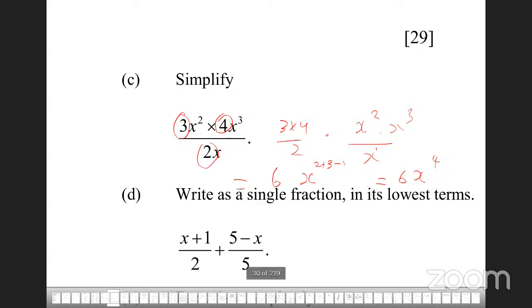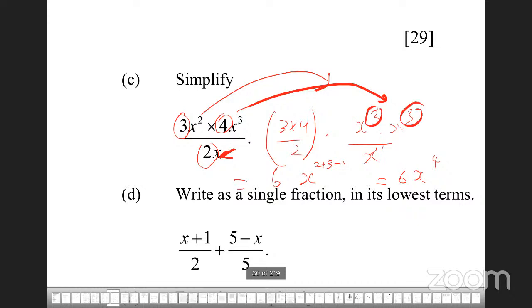Yes. 3 by 4 all over 2. So that's 6, right? And then I separated all the x's. So I have x squared by x cubed divided by x. That's okay? So I add the powers on top and I subtract the one underneath. 2 plus 3 minus 1, and I got 4.